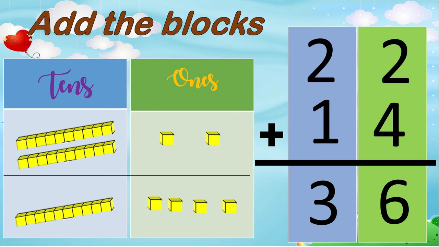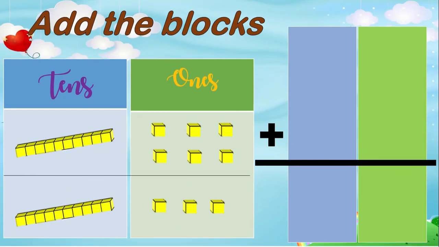So let's proceed to another example here. We have here 1 tens and 6 ones, so we can say that is 16. We will put 16 in the place value: 1 in the tens place and 6 in the ones place.